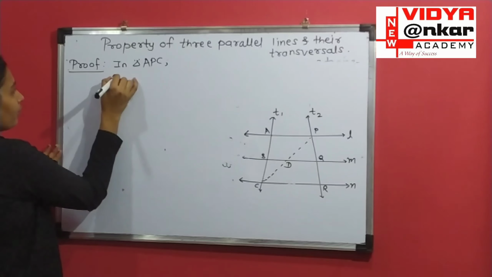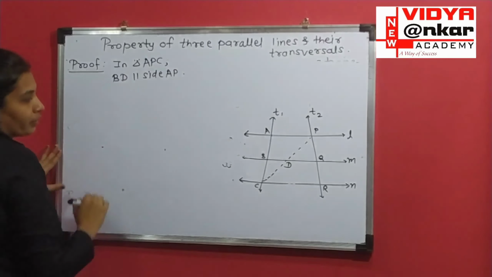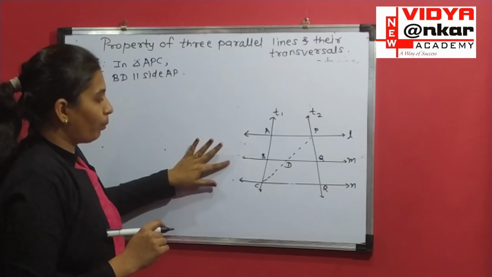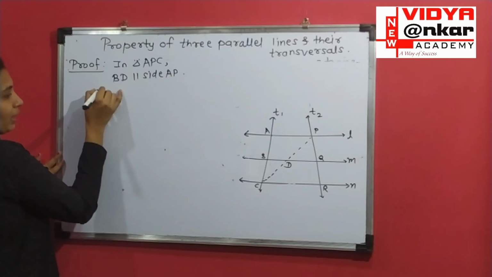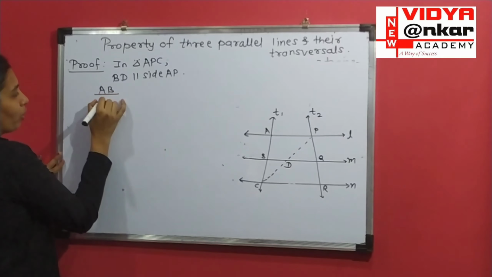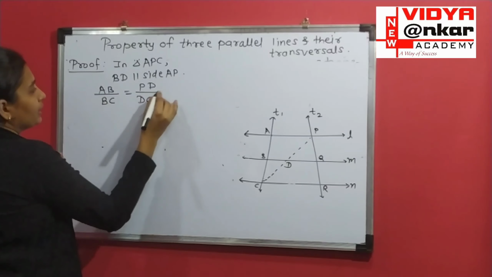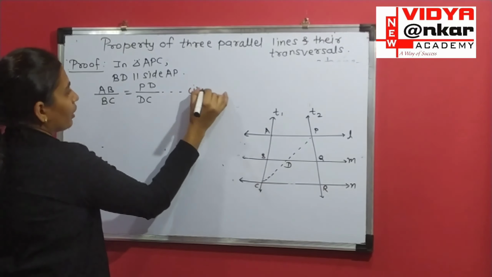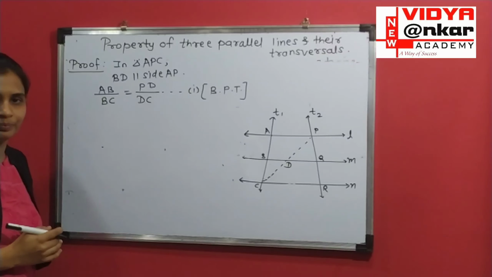So, we will write here BD parallel to side AP. So, this property will satisfy BPT. Means, we will get AB upon BC equal to PD upon DC. Give it as number 1 and reason basic proportionality theorem.